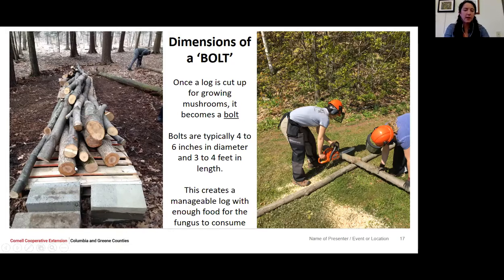So if you look at the ends of these logs that are facing us, the ones on the bottom of the pallet here, you can see these variations in color. And this is what's called sapwood to heartwood ratio. So on the outer edge of this piece of wood is the active growing area.